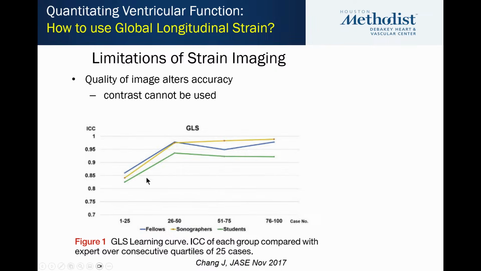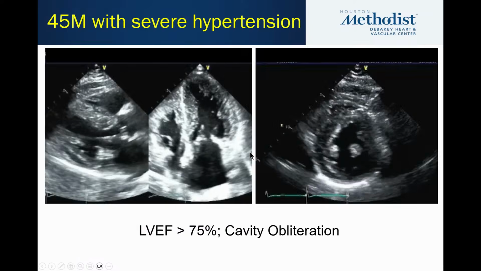So the training is not so horrible. It's not that you need to do 200 of these. But certainly, depending on the individuals, between 26 and 50 was sufficient. But by the time you went to higher numbers, you didn't gain that much more.